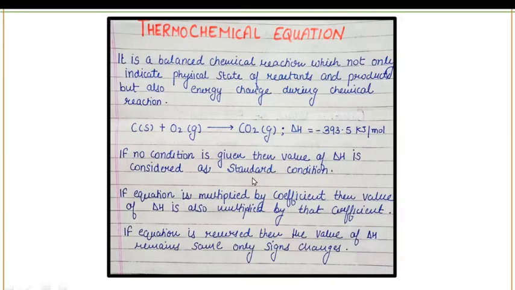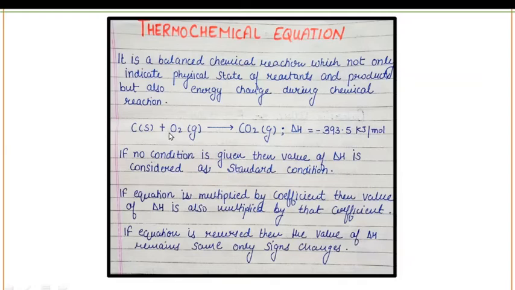Second is, if the equation is multiplied by any coefficient, for example if this CO2 is multiplied by 2 and you have to calculate the value of delta H, then you have to multiply the coefficient value with delta H. So if the equation is multiplied by a coefficient, then the value of delta H is also multiplied by that coefficient.